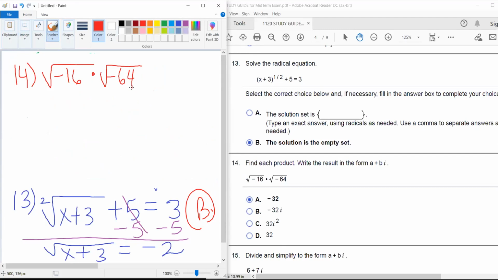Now, one property you know from imaginary numbers is that the square root of -1 is equal to I. And also what will help us with later problems is I squared is equal to -1.